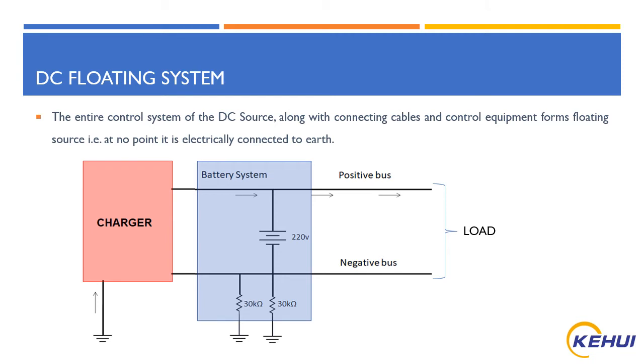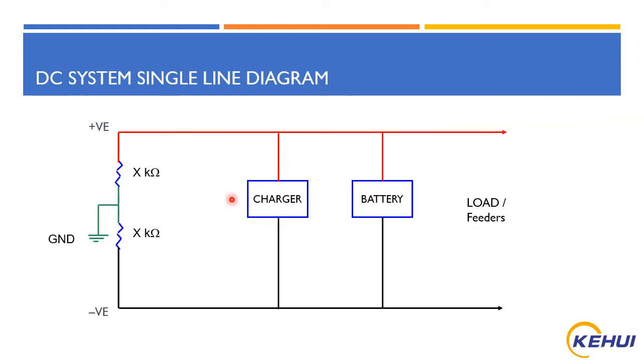That is, at no point is it electrically connected to earth. Whereas in an earthed system, the system gets short-circuited in case of an earth fault with the opposite polarity. A balancing network divides the total voltage into two equal halves and maintains the floating system.